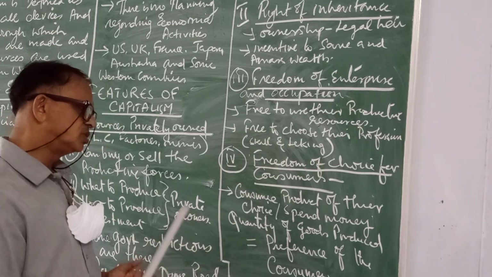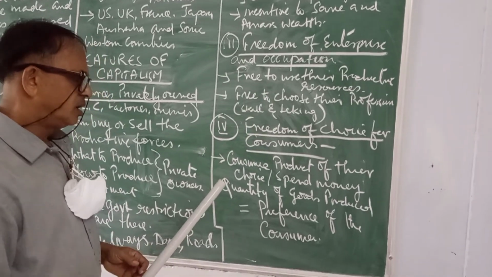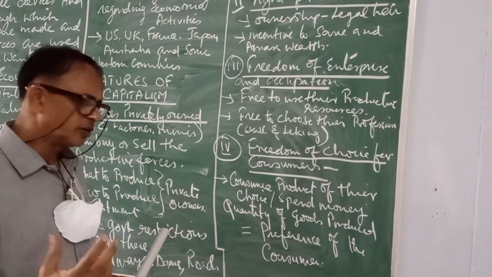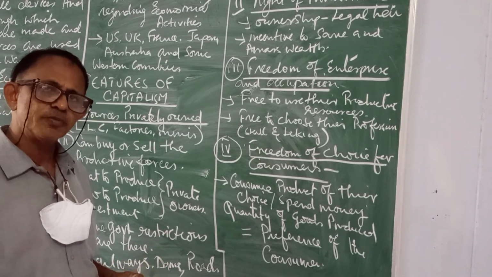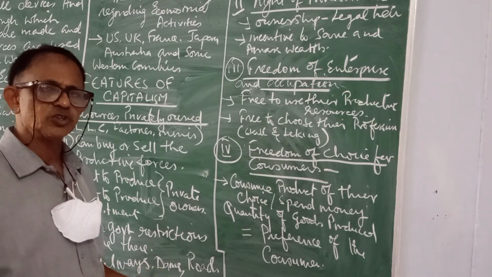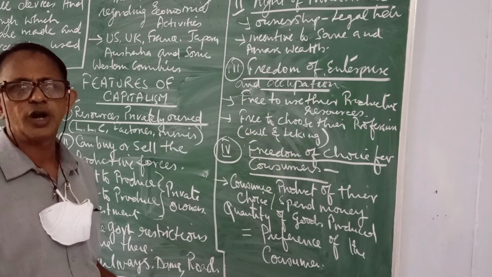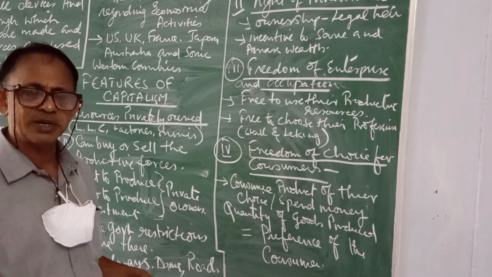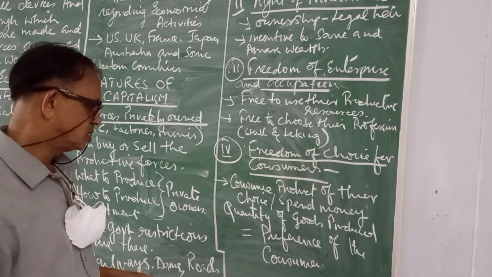Consumers consume products of their choice, and they have the right to spend their money. They can decide on what product to spend their money, how much to spend, and where not to spend their money. So it is their choice.